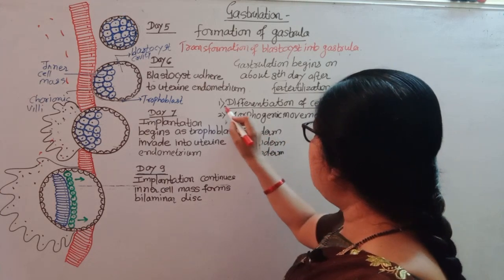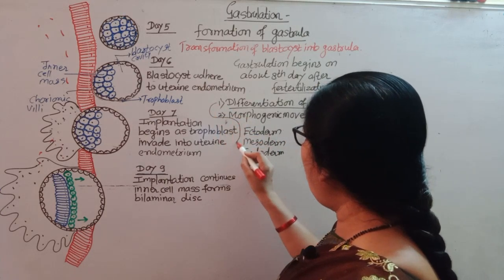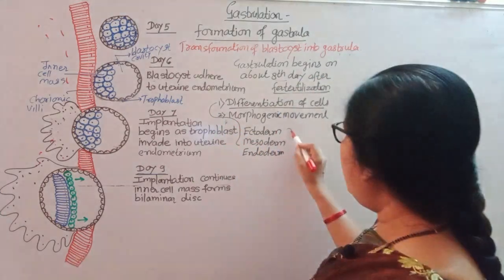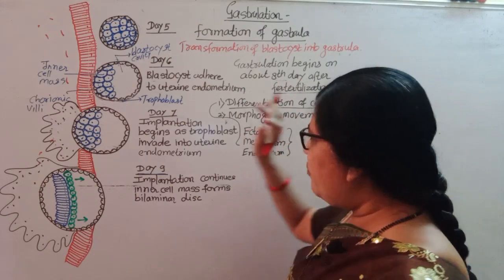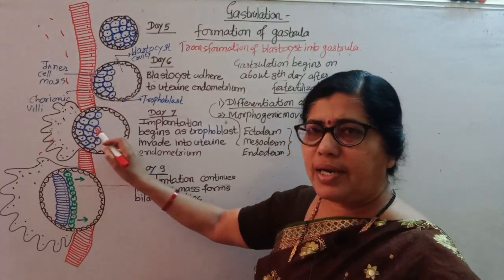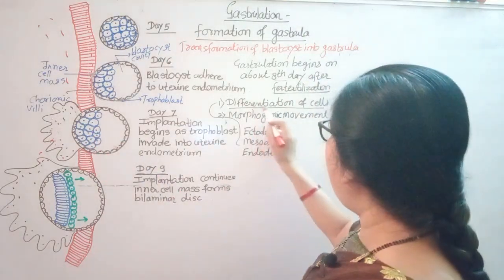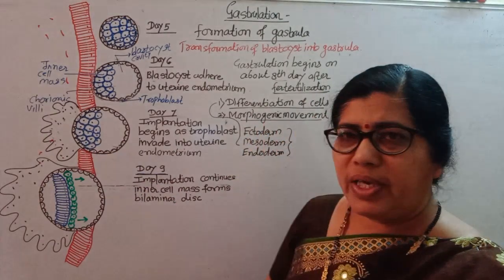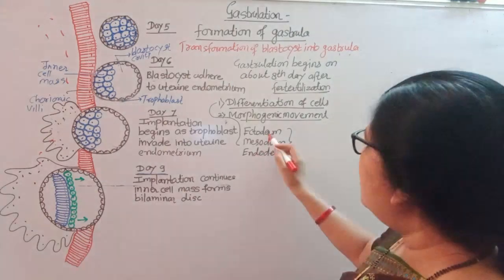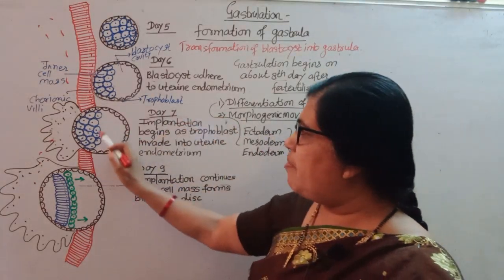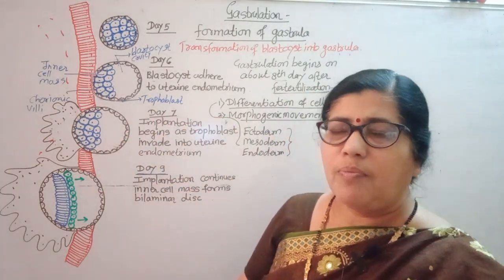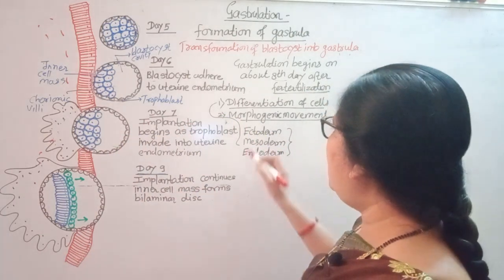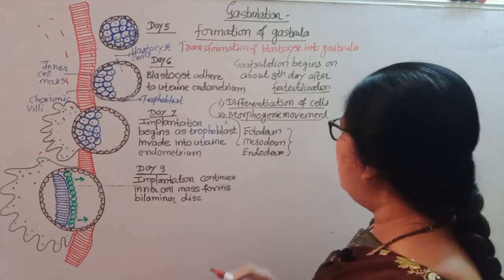This is called differentiation of cells. Second, morphogenic movement. During the formation of these 3 germ layers from the inner cell mass, movement of cells takes place, and this movement of cells is called morphogenic movement.